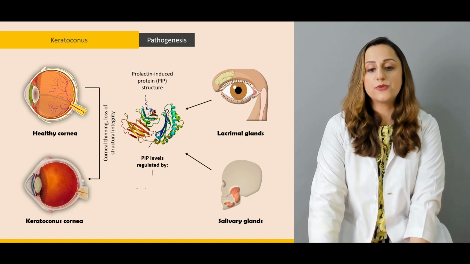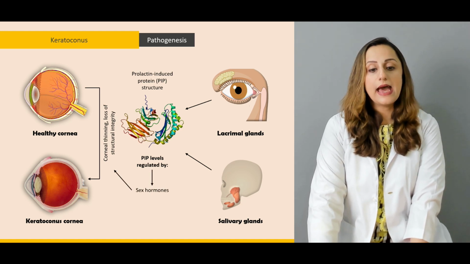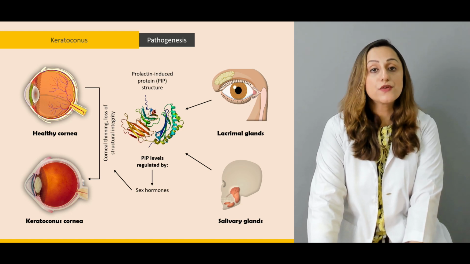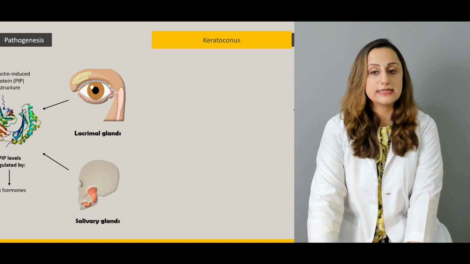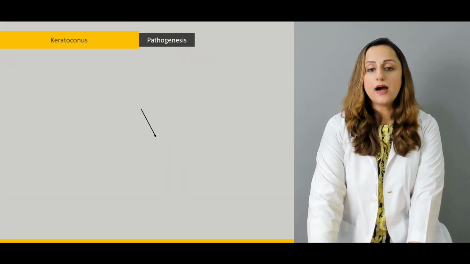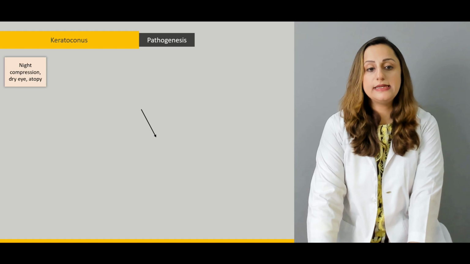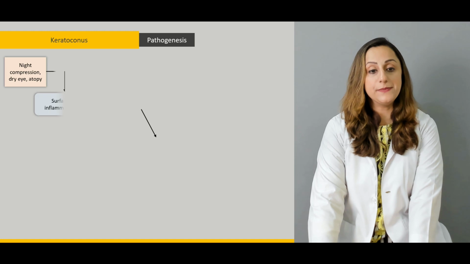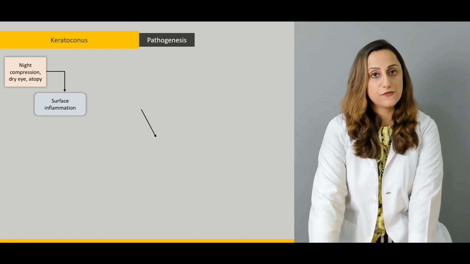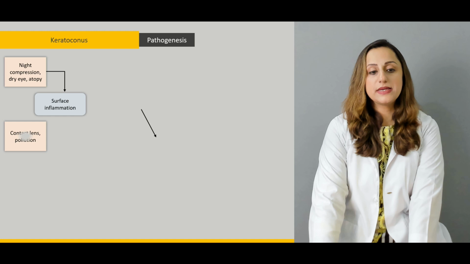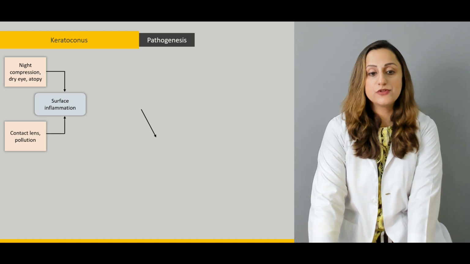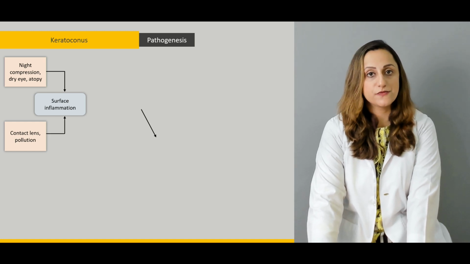The PIP levels are regulated by sex hormones, and that again can contribute towards the loss of integrity and corneal thinning in these individuals. So regarding the pathogenesis over here, night compression, dry eye or even atopy can result in surface inflammation, and the use of contact lenses, or even pollution in the environment, can also contribute to the development of surface inflammation.